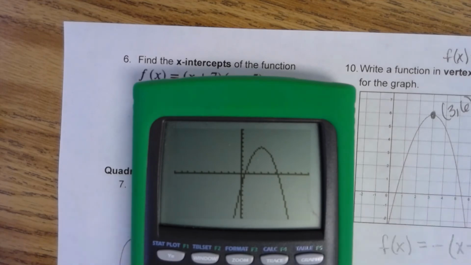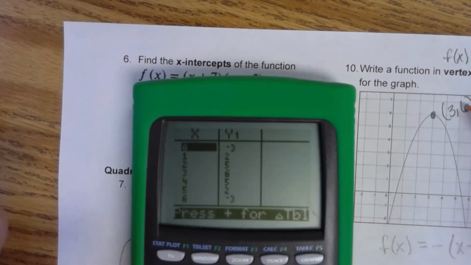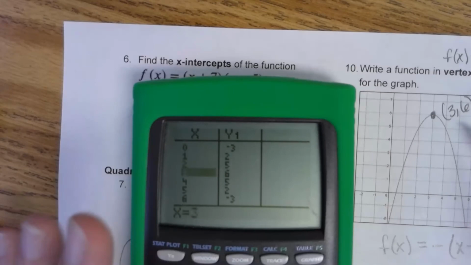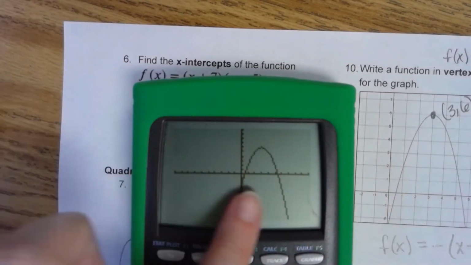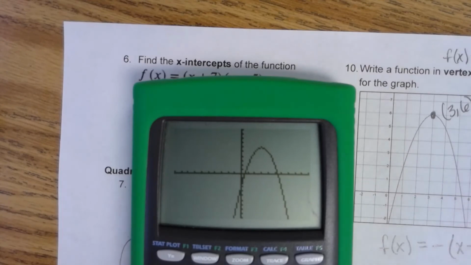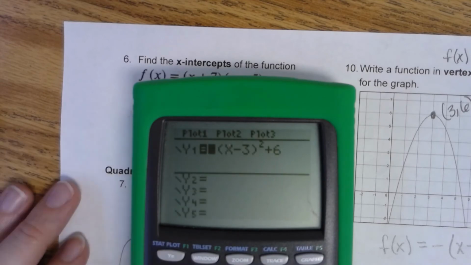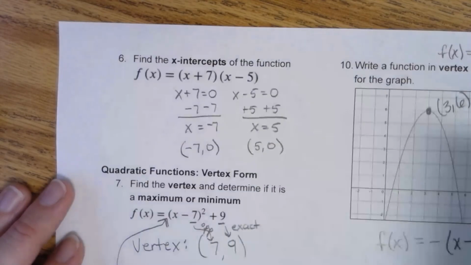Now it is a little different, so you'll have to count just to make sure, or you could always go to the second table and find that vertex at 3, 6, if that helps you match it up better. But if it looks close to what your picture is on the question, then you can feel more confident that you've written the correct function there for the vertex form.